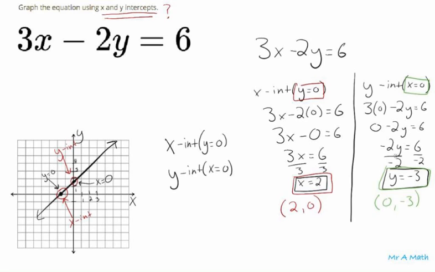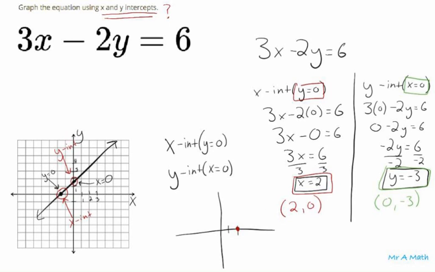So these two points that I just solved for are my x and my y-intercept. Now, all we have to do is create a graph. Let me make a little straighter of a graph there for you. And let's plot these two points. So I have (2, 0) as a point, so I'm going to go over 1, 2, and I'll plot this in red right there.